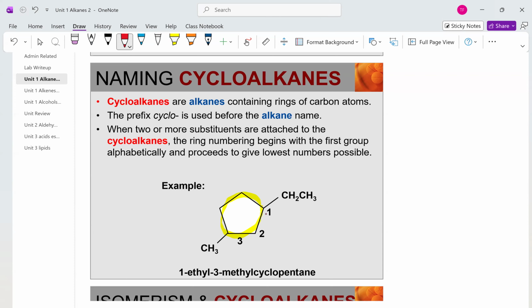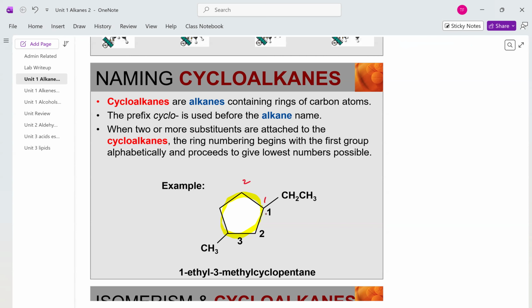So we can name it clockwise 1, 2, 3, 4, 5. And this happens to be a cyclopentane because it's 5 carbons, not 6.